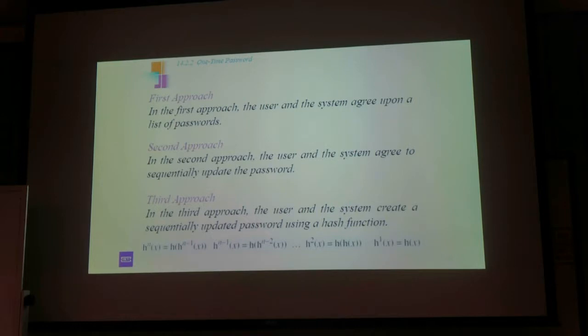Okay, so the second approach, the user and the system agree to sequentially update the password. So you start from one password, but the second time you use it, the password is updated through a certain process. So the second password is derived from the first.